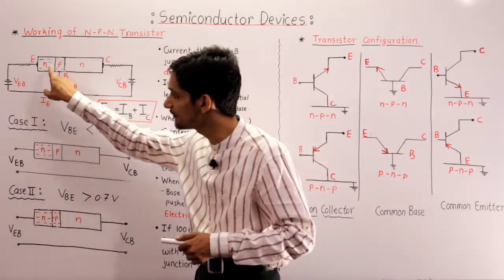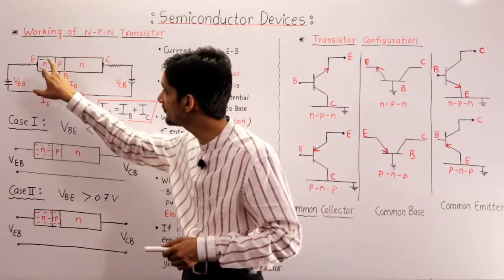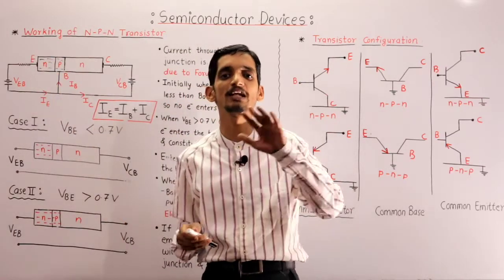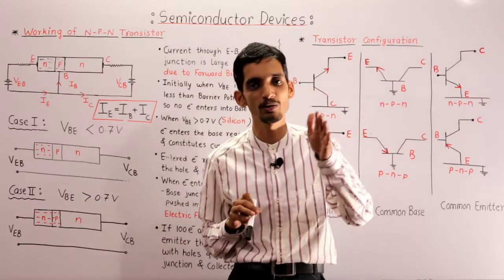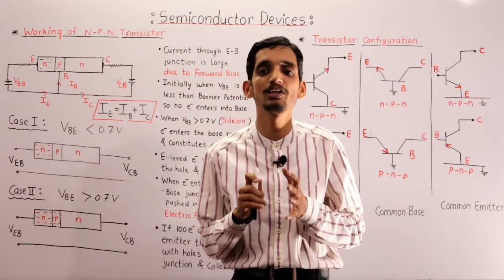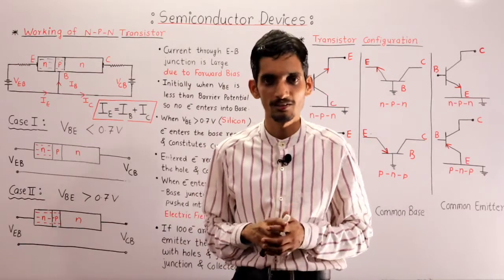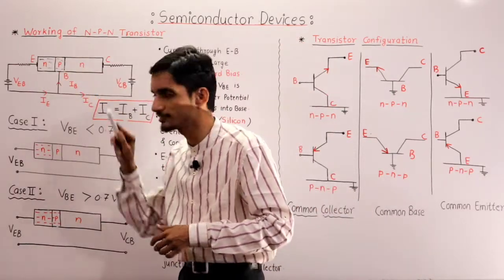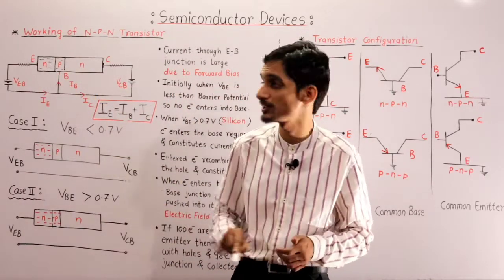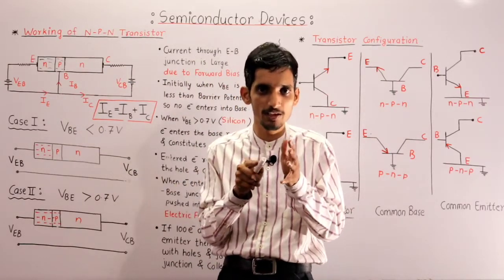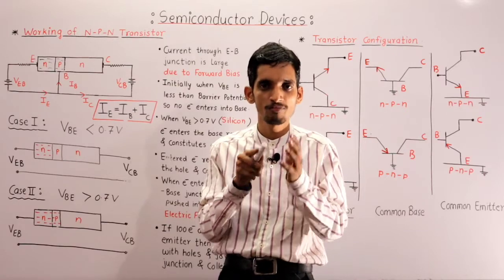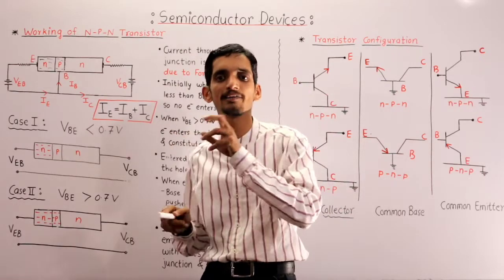As this emitter is heavily doped, the depletion region width inside the emitter region is very small. So the resistance offered by the emitter is very, very low. Why? Because the depletion region acts as a barrier. So this region is of low resistance and our current is passing from emitter to collector. That's why it is the transfer of current from a low resistance region to a high resistance region.